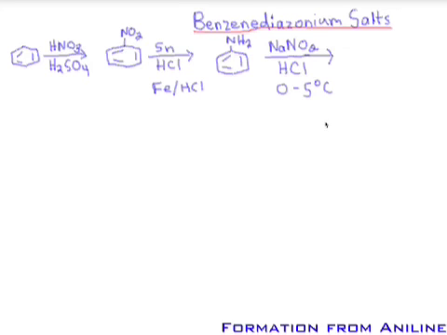Now, sodium nitrite and HCl will make nitrous acid, so you could use as a reagent, instead of sodium nitrite HCl, HNO2, which is HONO. And we'll look at how that forms in a second.